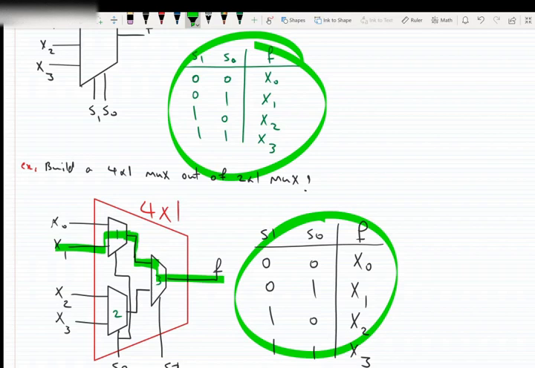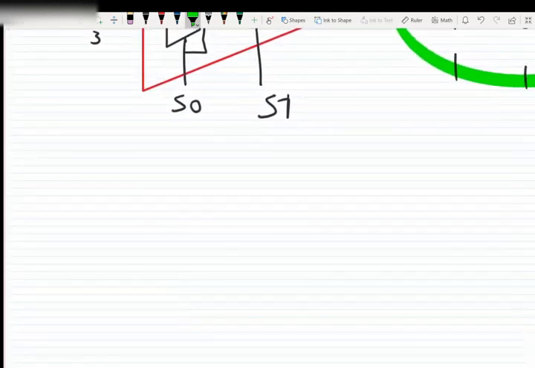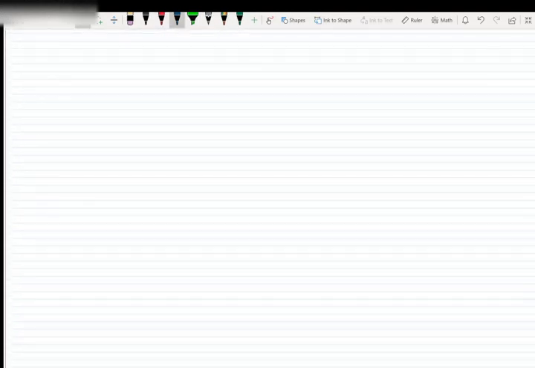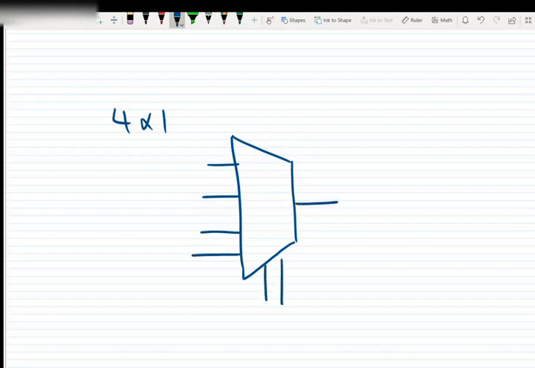Okay, one thing that I should mention about multiplexer naming. I said that we say 4x1. It means that it has 4 inputs. So let's see one example here. 4 inputs and 1 output and 2 select inputs.